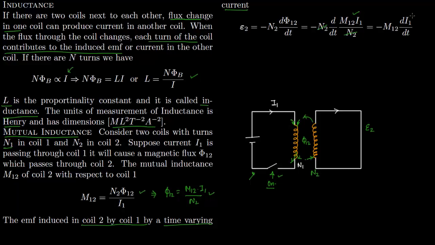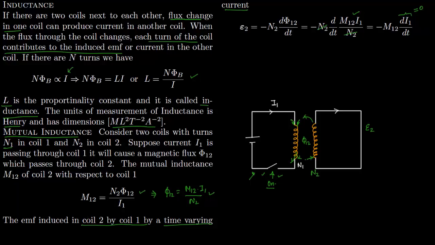If the current is flowing at a steady rate, a constant rate, then this becomes 0 because the current is not changing with respect to time, and in that case the EMF would be 0. The current is not in a steady state when you just switch off or just switch on.